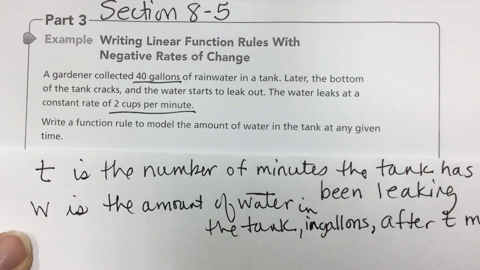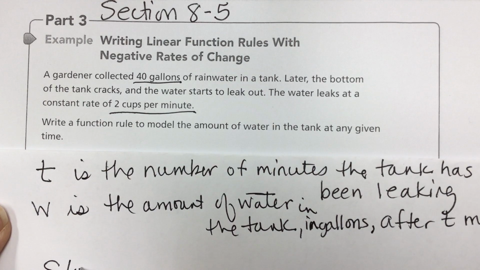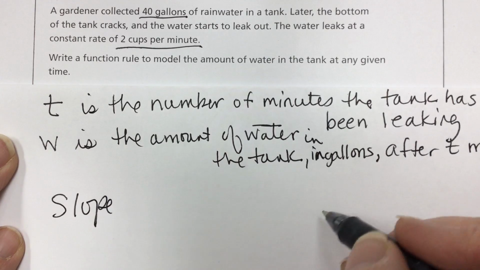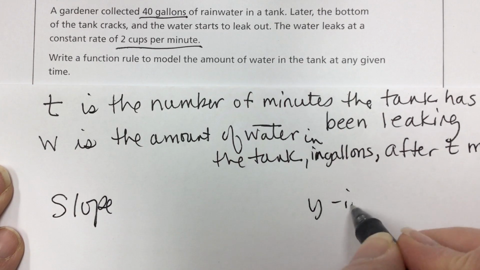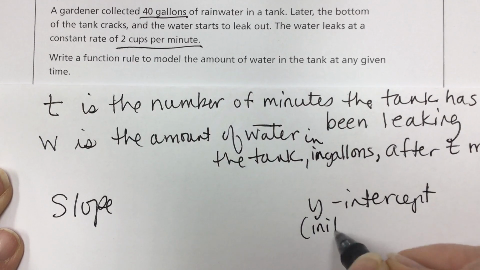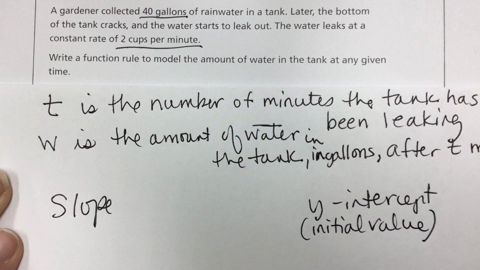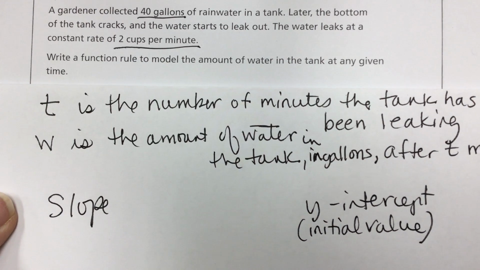Now, to write a function rule, we're going to need to know the slope and the y-intercept, better known as the initial value. Okay? All right. Well, first of all, do we know the initial value?